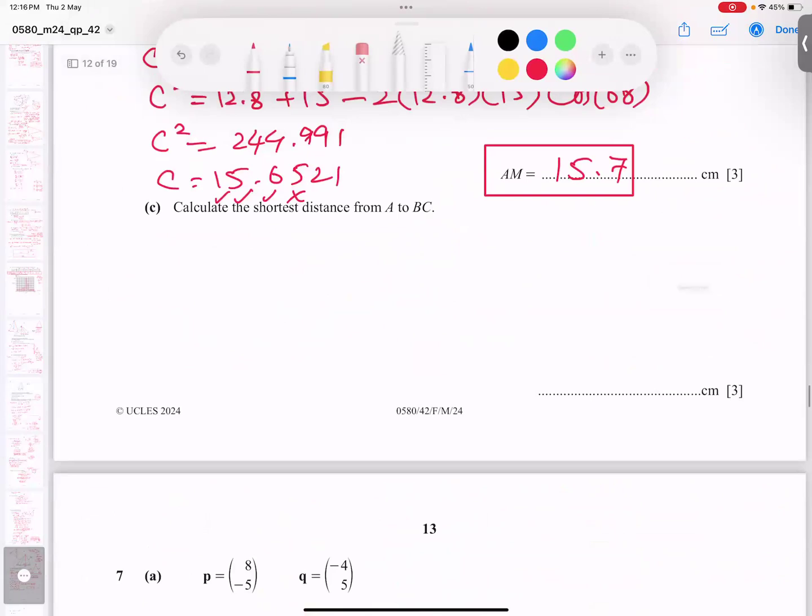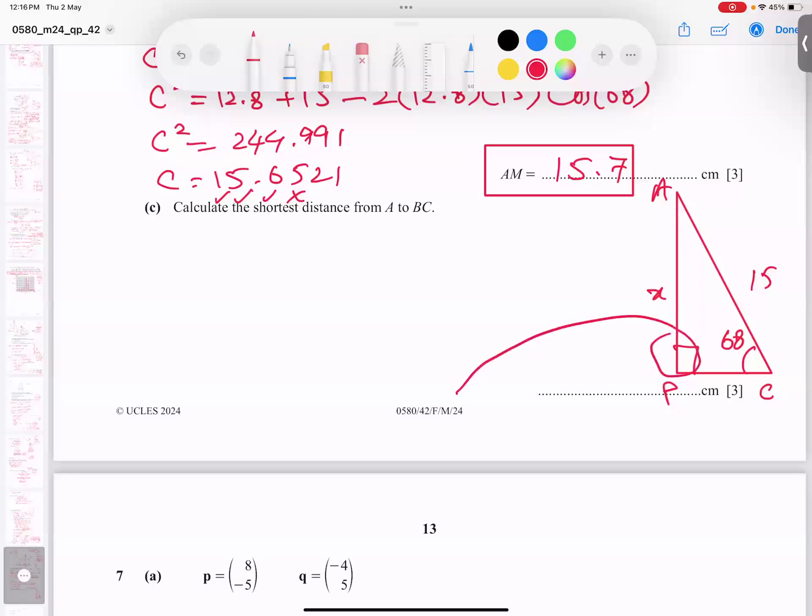I bring it down, students. Use SOHCAHTOA logic, 90 degree given. What is the rule of SOHCAHTOA? In front of 90 degree, this length is always called hypotenuse. In front of angle is always called opposite.